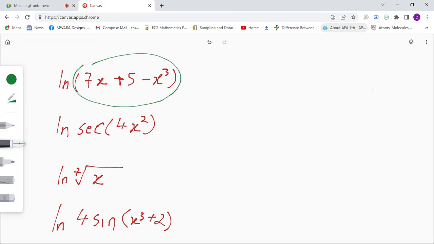So in this case, our u is 7x plus 5 minus x cubed.